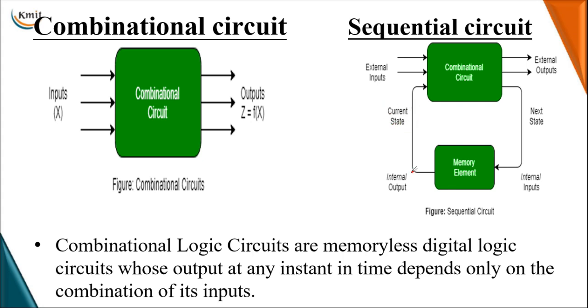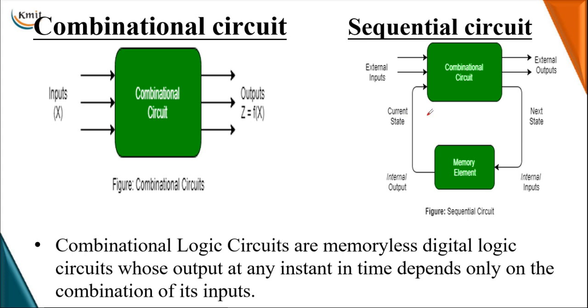That current state is the output of the memory elements, which are the flip-flops. The memory elements take their inputs from the next state of the combinational circuit. These next states are saved in the memory elements and are considered the current state. Hence the sequential circuit output depends not only on the inputs but also on the present state.